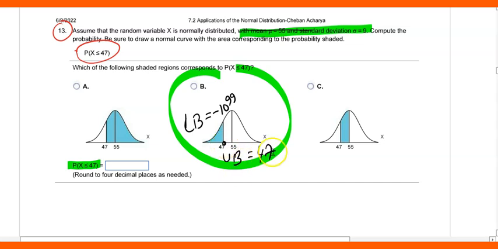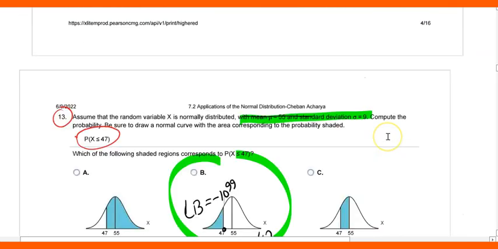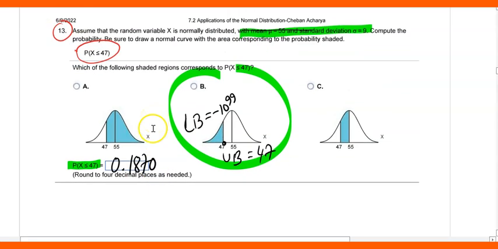Upper bound is 47, the mean is 55, standard deviation is 9. Use normal CDF like we did before, and you get the area, which is the same as the probability of x less than or equal to 47. The answer must be 0.1870. You can try it yourself in the calculator.